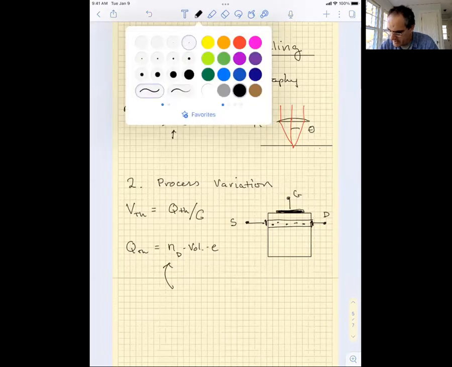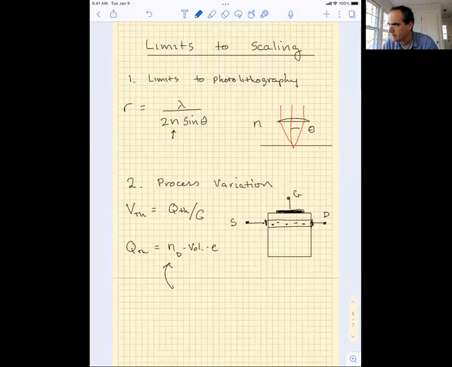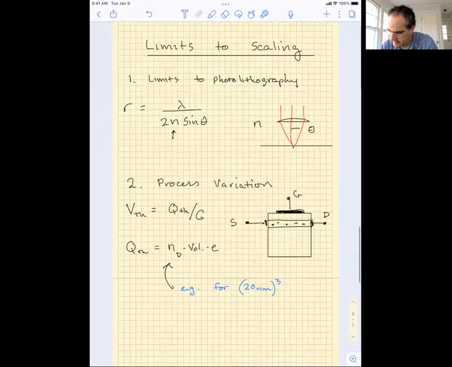And if the volume gets very small, then something weird will happen. So, for example, if our channel was, let's say, 20 nanometers cubed, so imagine a cube 20 by 20 by 20, this would be about 10 to the minus 23 meters cubed.